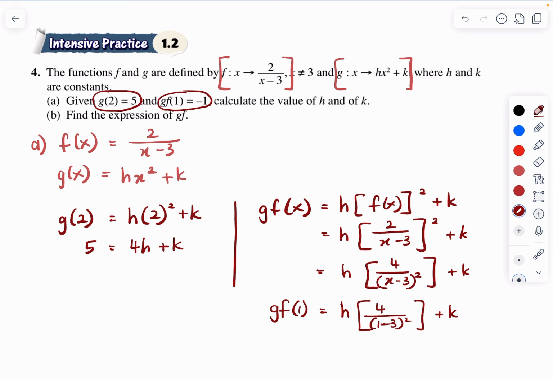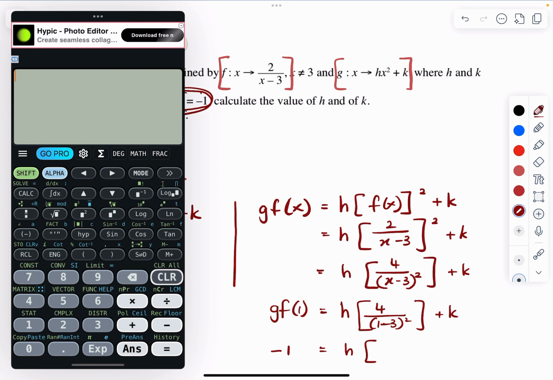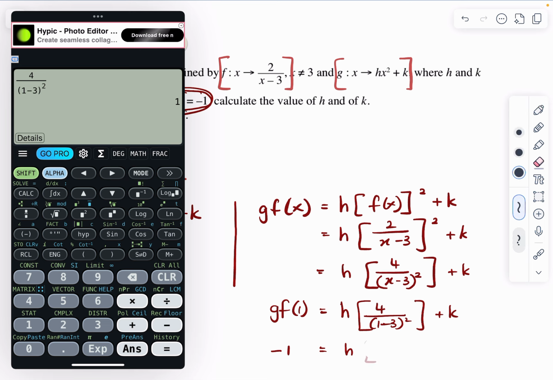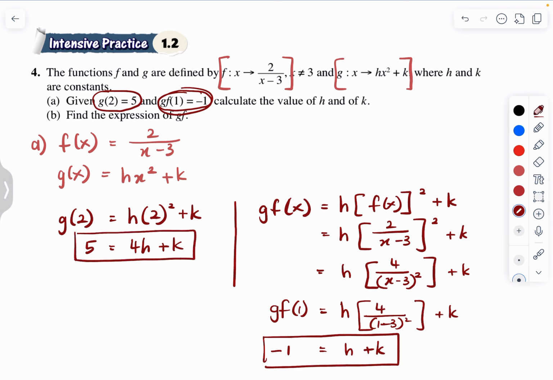And gf(1) is -1. Okay, they gave us here already. So let's simplify this. (1 minus 3)², you can put the whole thing into your calculator. You get 4. So it's just h times 1. Therefore, 1h plus k. Right, this is our second equation. This was our first equation. This is our second equation.